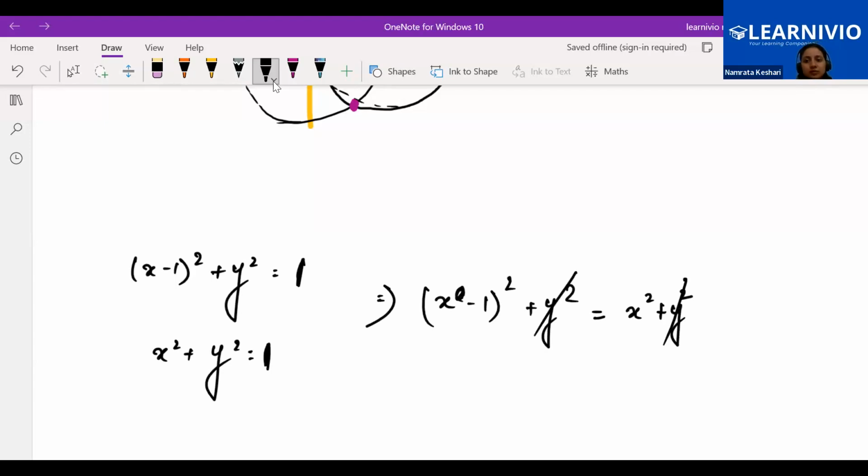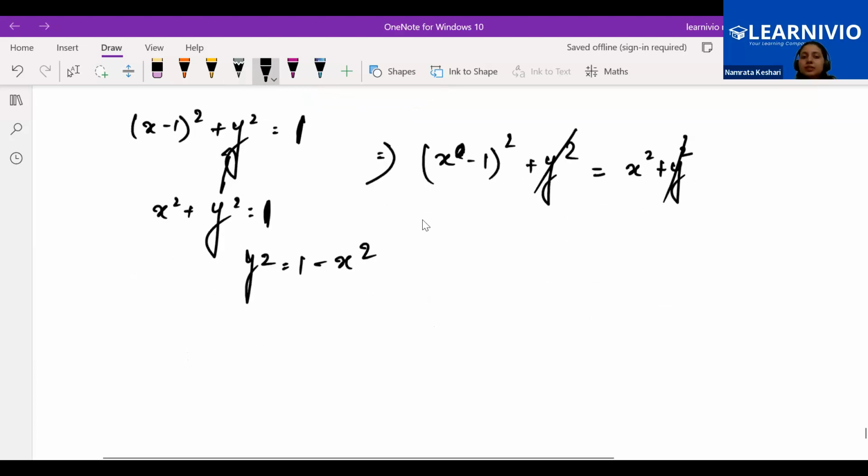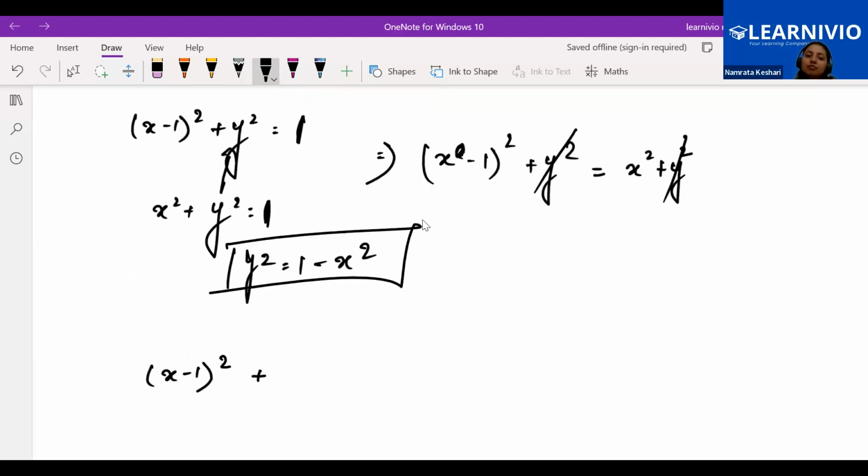Y square is gone. Can you see it? Yes, ma'am. Or you can substitute y square from here to here. Y square will be 1 minus x square, right? Yes, ma'am. You can substitute it in the first equation: x minus 1 square, and in place of y square I write 1 minus x square, is equal to 1.